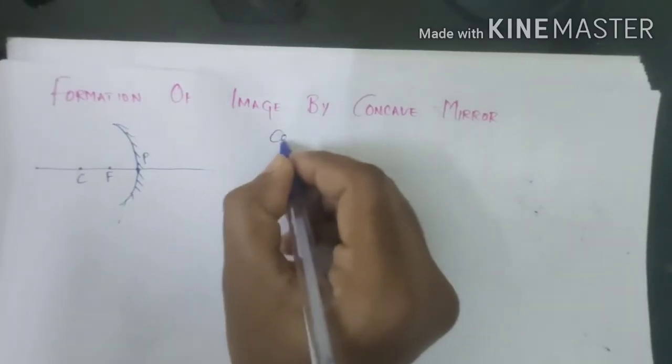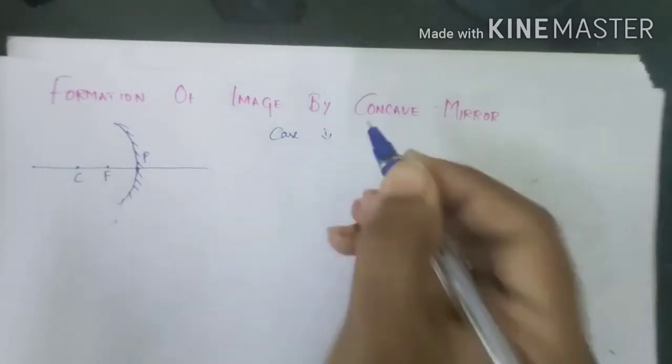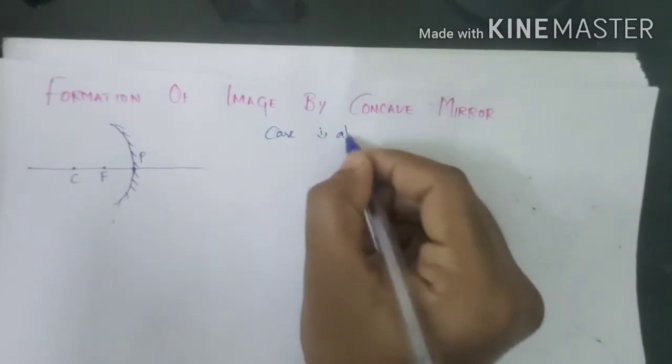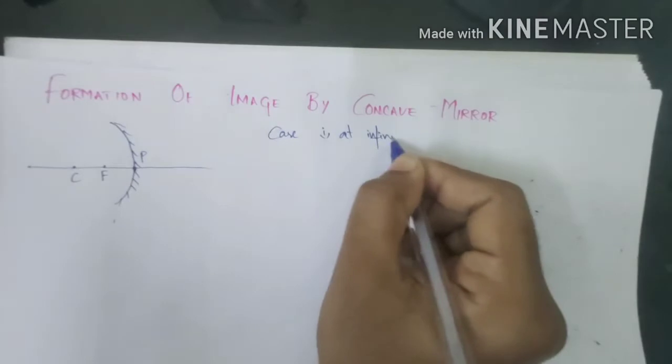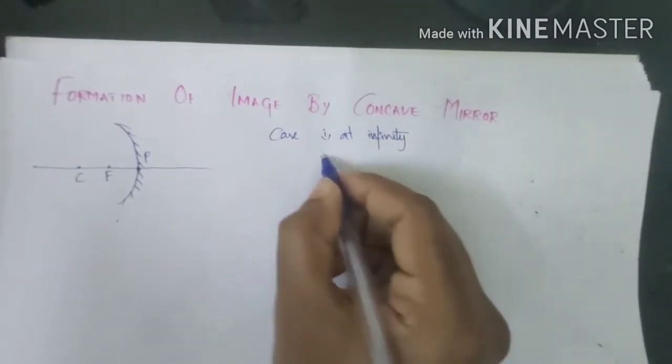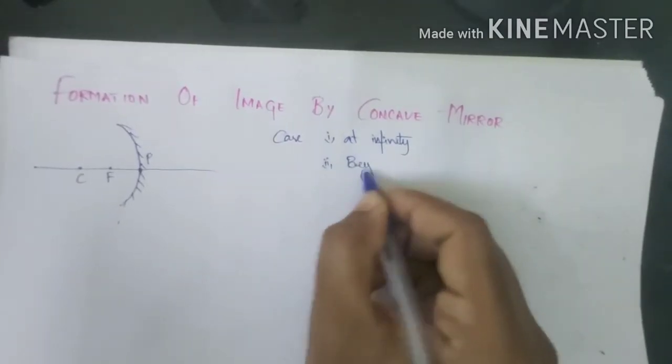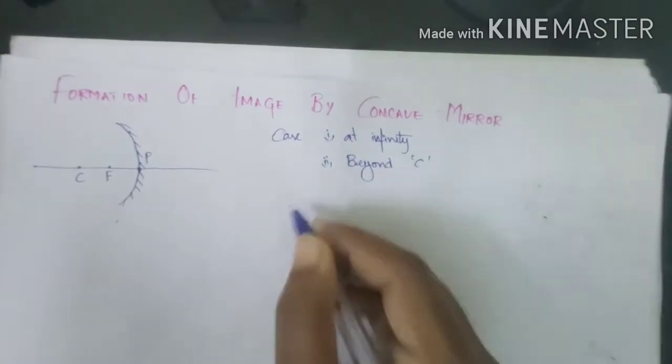There are 6 cases. Case 1 is when the object lies at infinity. Second one is when the object is beyond center of curvature.